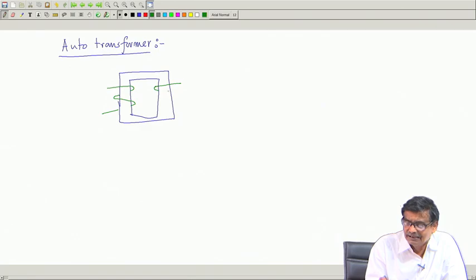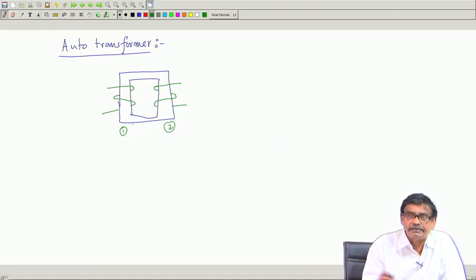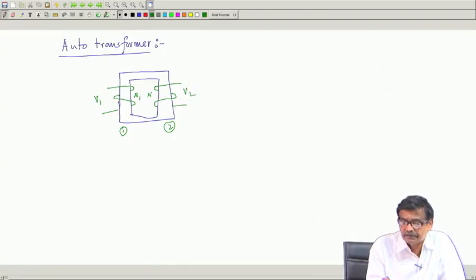But this is understood, but this is the side 1 and side 2, two coils are there, and you can then change the level of voltage from V 1 to V 2, N 1 turns, N 2 turns. Mutual flux is common to both of them.